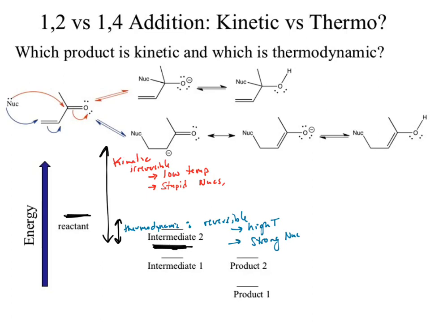Okay? What are stupidly strong nucleophiles versus strong nucleophiles? Okay, so we've got some stupid strong ones. Hydride. Anything else? Grignards. Okay. Which is a nice bullet dodge, by the way, by saying Grignard, assuming that's what you said.